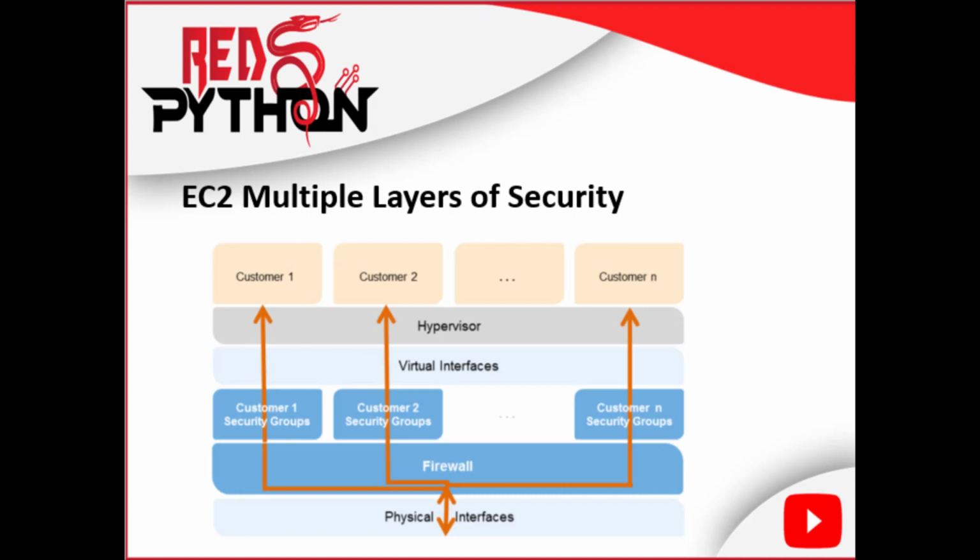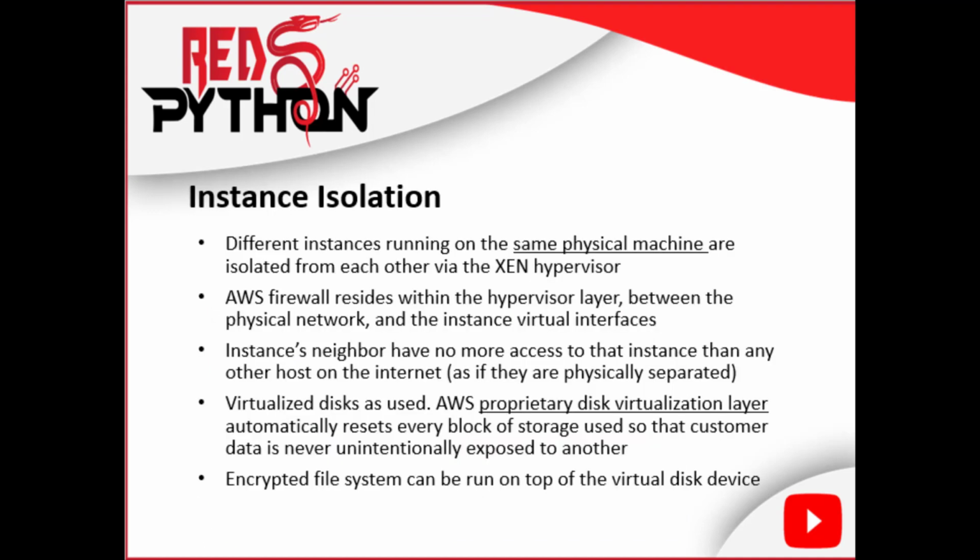On top of that, you have control over the API calls, and so on and so forth. In this approach, each customer has their own data and their own environment, which is totally separate from the data of other customers. So different instances running on the same physical machine are isolated, as we said.